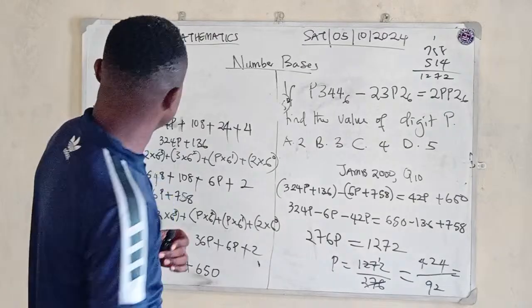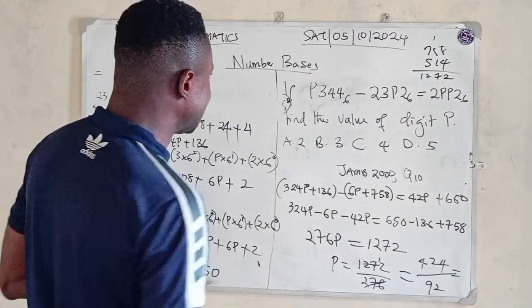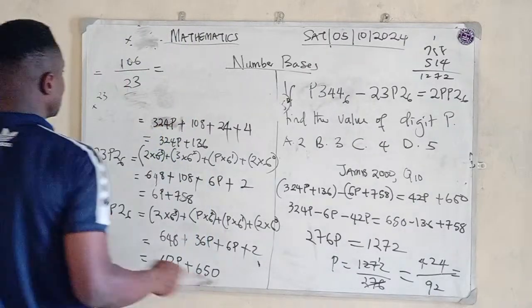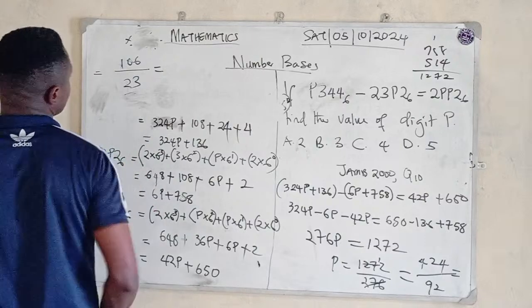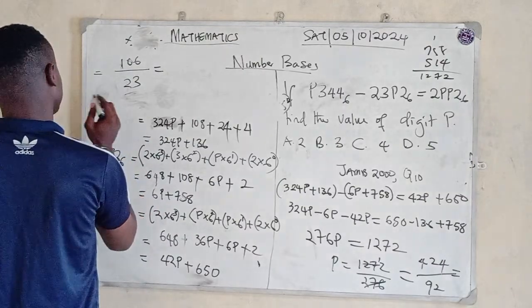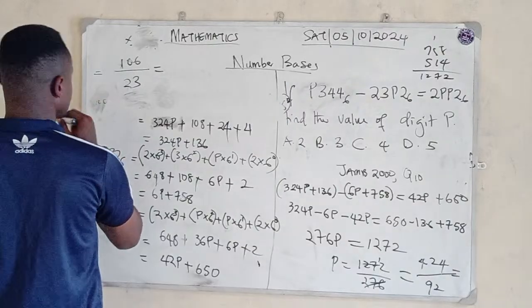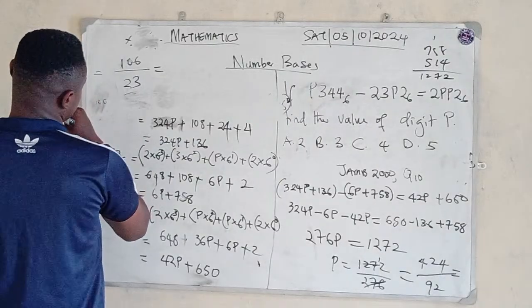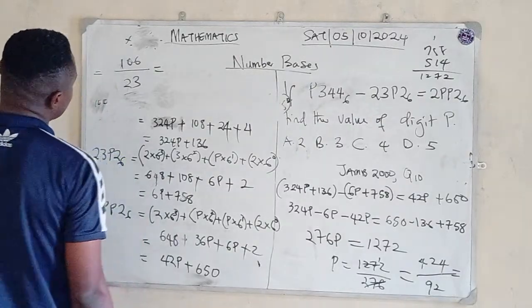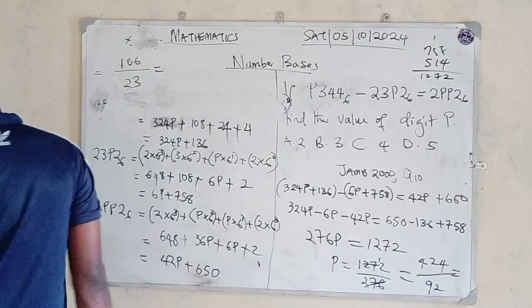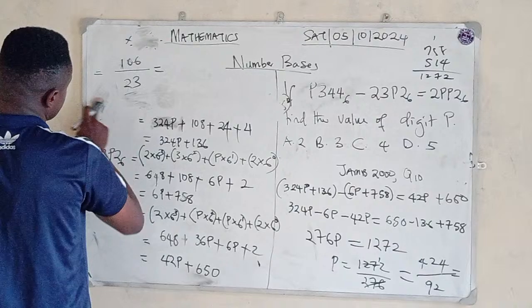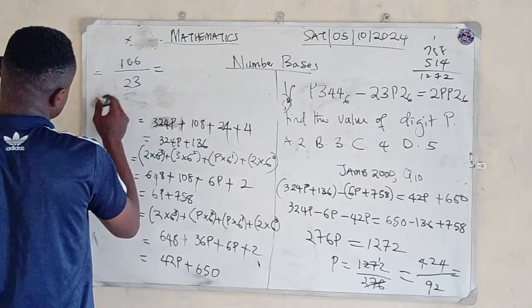I'm getting something else here. Did I make any mistake? This will give us 23 into 5. 20 times 5 is 100. 5 times 20 is 100. 100 times 3.